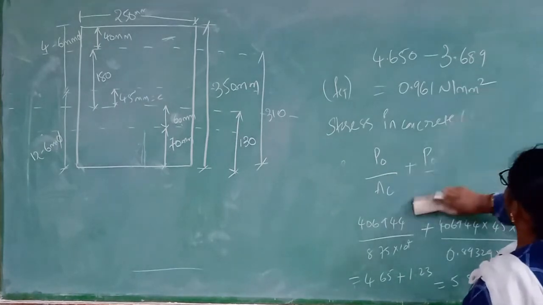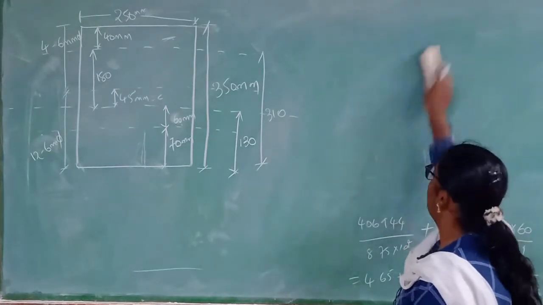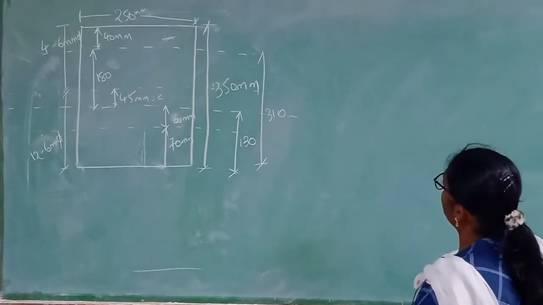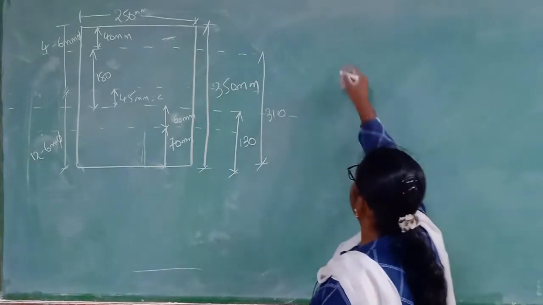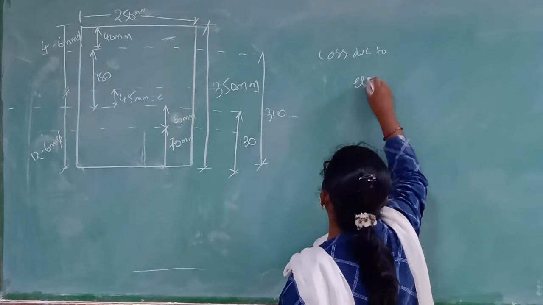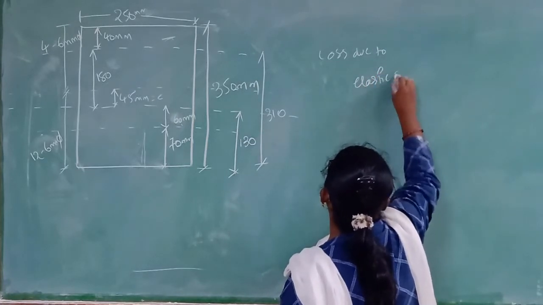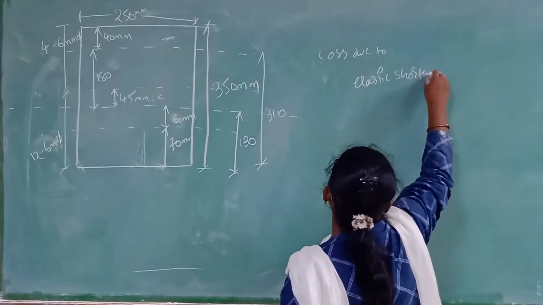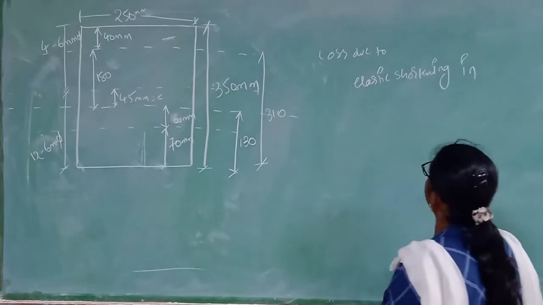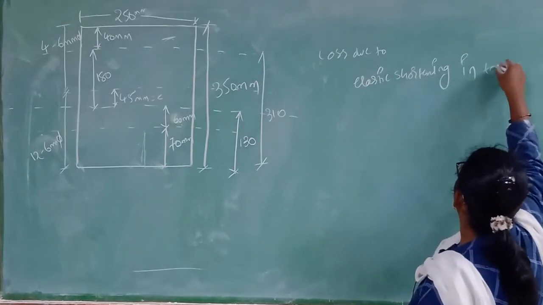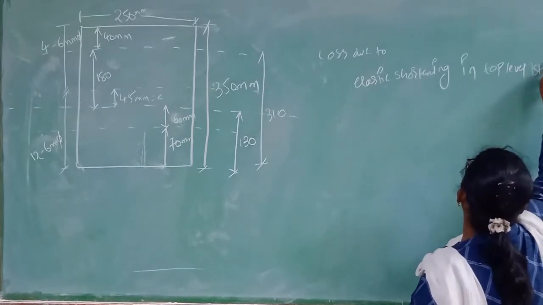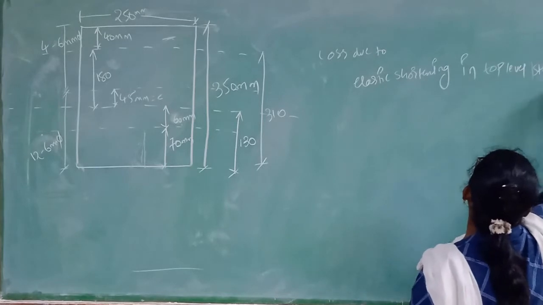Now the question is asking you to find out the percentage loss in the concrete due to elastic shortening, the loss due to elastic shortening in top level stress in concrete.